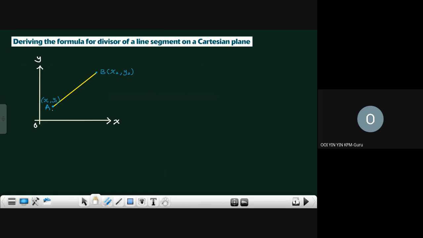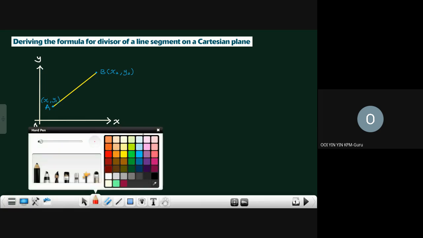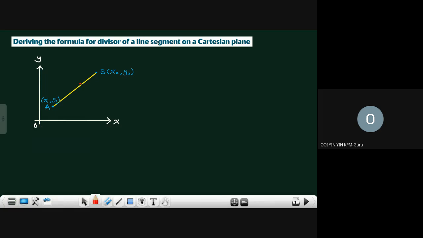First, let's say you have a line AB, with its coordinates x1 y1, and then here x2 y2. And then let's say that you have a point here, label it C. The coordinate of your point C is x, y, like this.